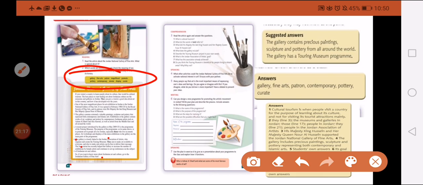Okay? The best places to start finding out about Jordanian culture are the museums and galleries in Jordan. They refers to what? Museums and galleries. They can give a tourist a good idea about art in this country and how it has developed over the years.